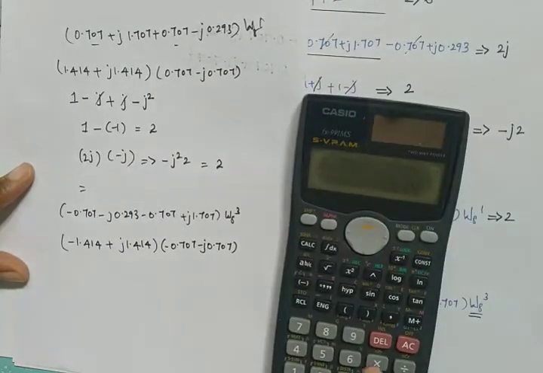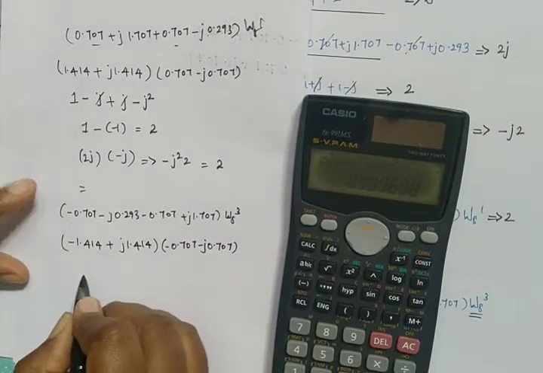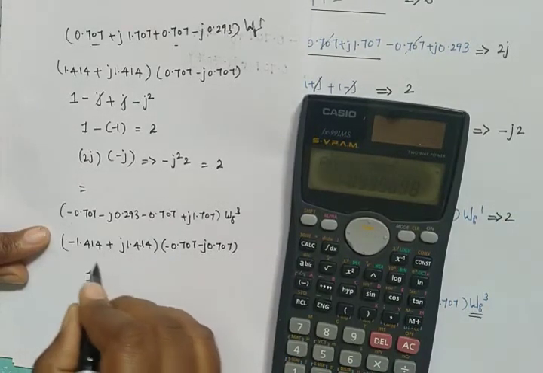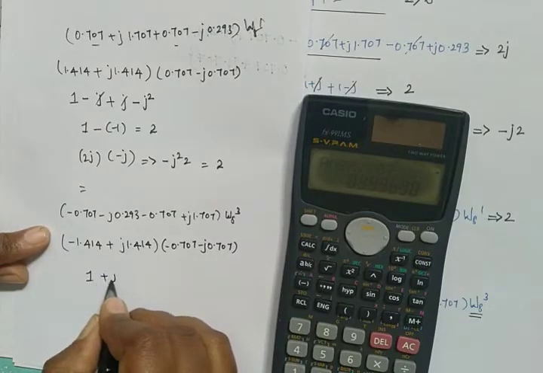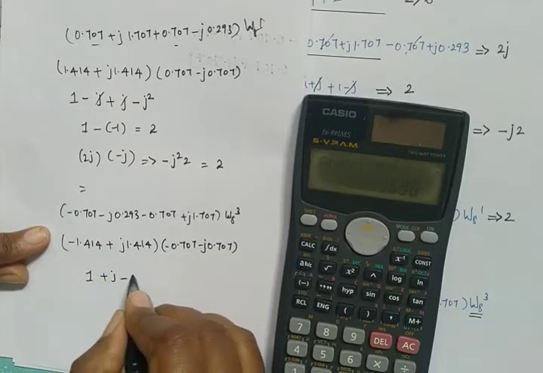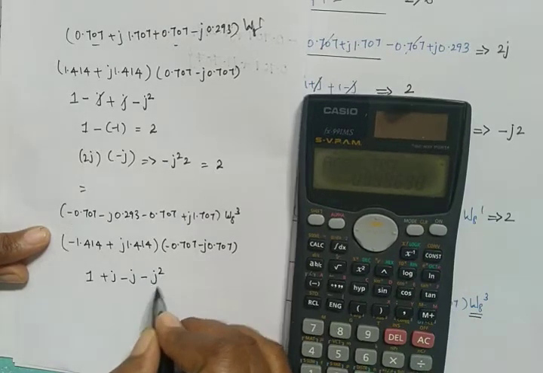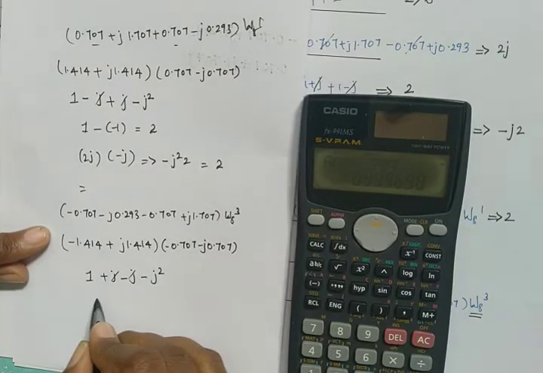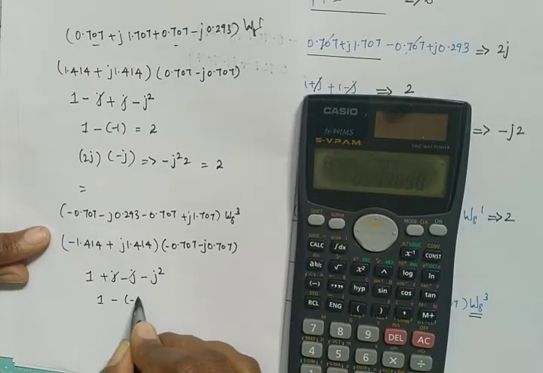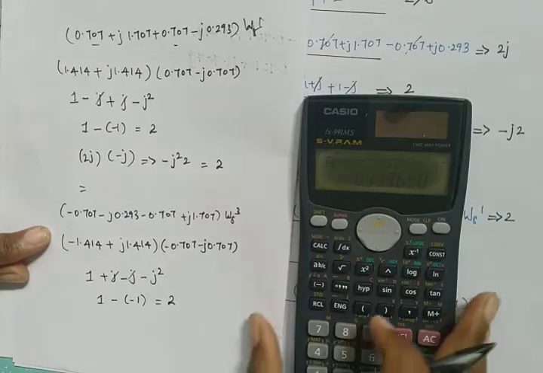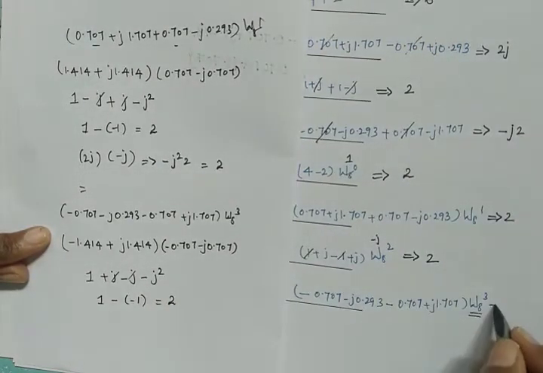So 1.414 into 0.707 is equal to 0.999, so we can write this as 1. So here we have minus into minus 1, and here it is minus into minus plus j. Then here it is minus j, and here we have plus into minus, minus j square. Now plus j minus j cancel. So 1 minus of minus 1 will be equal to 2 again. So we will get 2 here.